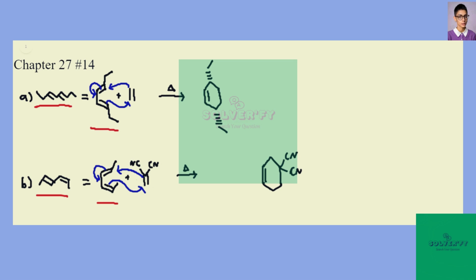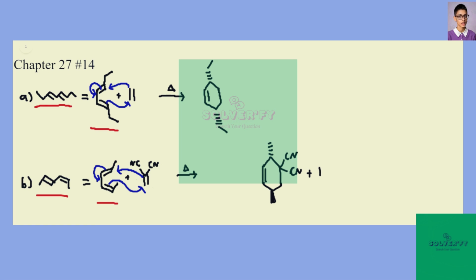And so now the difference here, we had an E,Z diene to start with. And so these methyl groups that remain in the product need to be trans to one another. They did not have the same relationship in the starting material, so they cannot have the same relationship in the product. So there they are. They're trans to one another.